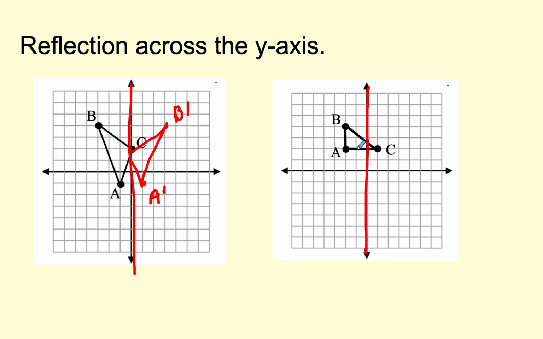C will go 1 unit to the other side, that'll be C prime. A will go over 2 units, this will be A prime. B will go over 2 units to the other side, B prime. And we have our triangle, and notice that the size stays the same, size is preserved and angles are preserved.